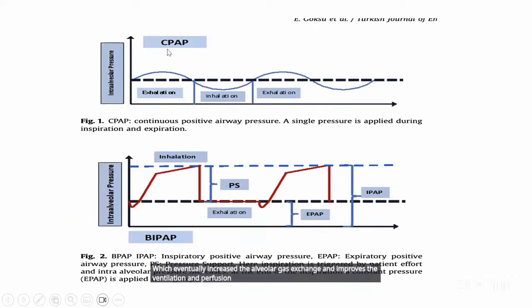The basic difference between CPAP and BiPAP is that CPAP provides just the positive pressure at the end of exhalation, that is the PEEP, over which the patient starts breathing, and a constant pressure is applied both during inspiration as well as during exhalation. Whereas in BiPAP, at the constant exhalation pressure, that is the EPAP, the patient breathes, triggers the breath and then starts inhaling, which is known as the full IPAP.